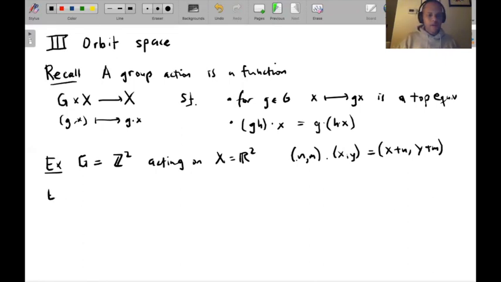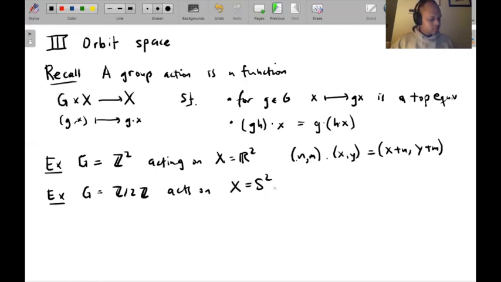Let me just give you a couple of actions. G is Z mod 2Z, the cyclic group of order 2, acting on the two-sphere by the antipodal map. Well, the non-trivial element acts as the antipodal map, so x goes to minus x.